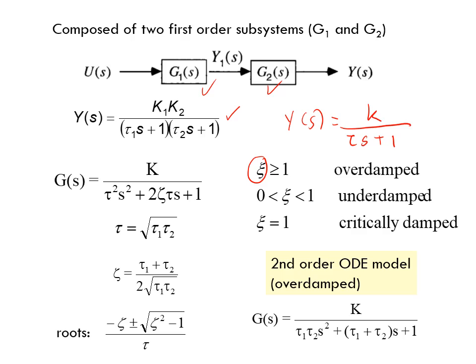It is monotonic and stable. The response of monotonic is like this. If the damping ratio is between 0 and 1, it is categorized as underdamped, so it will have an oscillatory process response and is also stable. And finally, if the damping ratio is equal to 1, it is critically damped and it will sustain the oscillation towards the end of the set point.